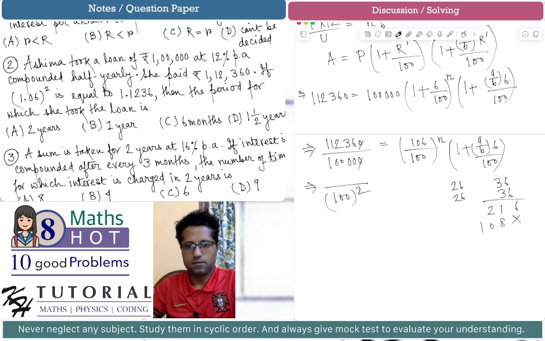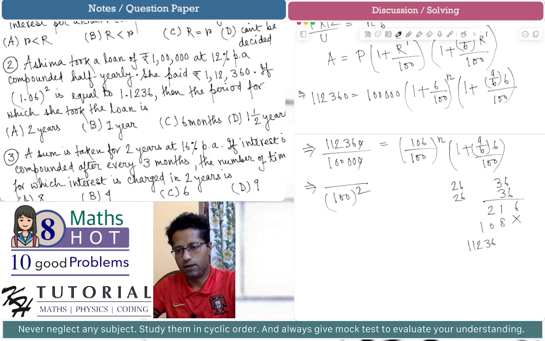Okay, let's see. Let's try to do prime factorization of 11236. Will it divide by 4? No. Will it divide by 8?